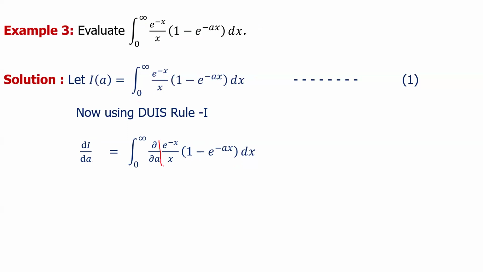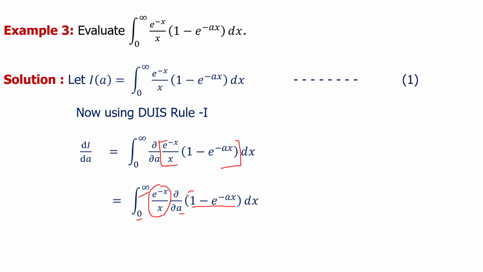So let us take the partial derivative of this term. Clearly, e^(-x)/x is free from a, so we can take it outside the derivative. This gives us the integral under the limit 0 to infinity of e^(-x)/x, and then the remaining term is the derivative of 1 - e^(-ax) with respect to a.